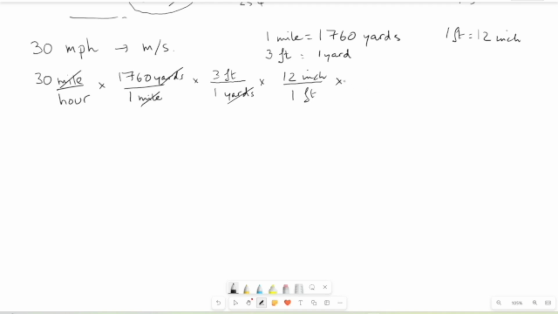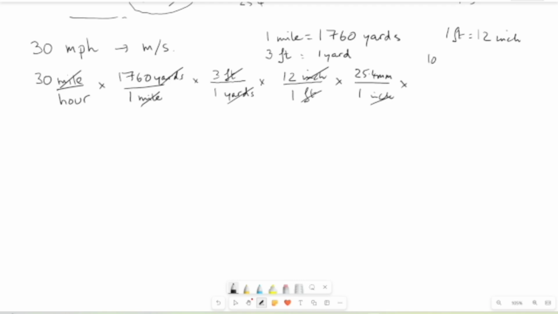And then I can go back to using inch. 1 inch is 25.4 millimeters. And that gets me in millimeters. Let's do the cancelling as we go. Inch, inch.